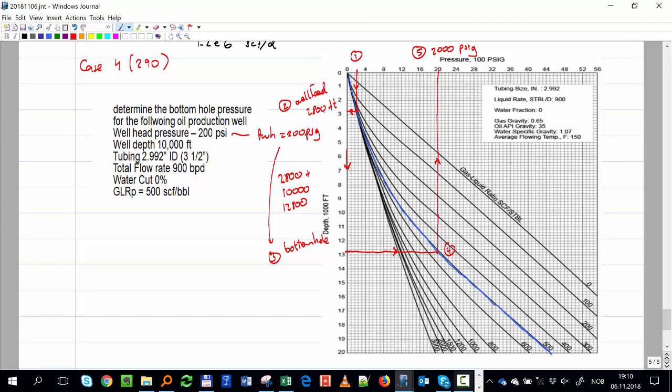So we have to sum, not to subtract. We sum 12,800. It gives me 12,800, at least in my case, maybe I'm reading wrong. Then I go to the right. Again, I knock the same curve, with the same gas-liquid ratio. And then I come up, and then I say the bottom hole pressure of my well is 2000 psig.